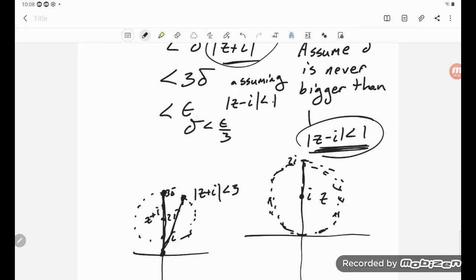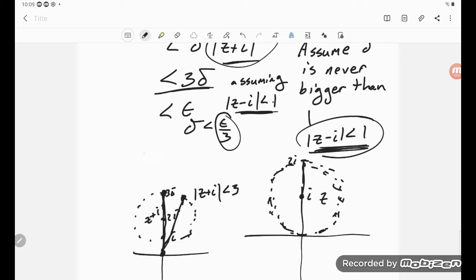Okay, so if epsilon is smaller than 3, then delta being less than epsilon over 3 will mean that |z minus i| is less than 1, right? Because 3 over 3 is 1. And so to get to here, I had to assume that it was less than 1. But it may be that I have to get smaller than that yet, depending on how small epsilon is.